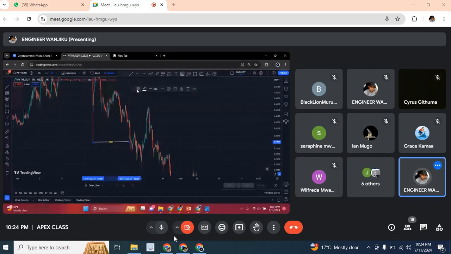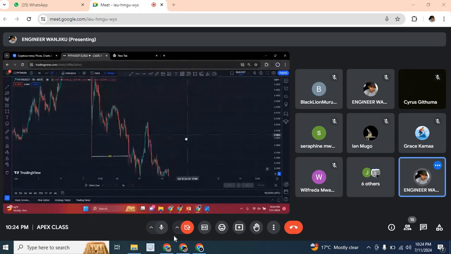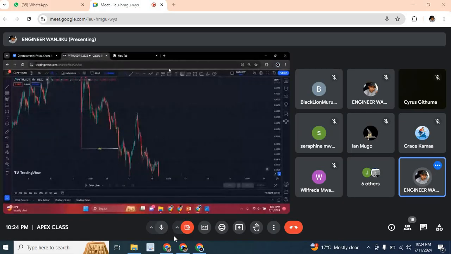So I'll come here, then save this drawing as Ian, like that. After saving it as Ian, every time I use this tool and draw something like that and click right here, I'll have an option, because I have saved break of structure, change of character, Ian, resistance, stop hunt, support, and trendline liquidity.